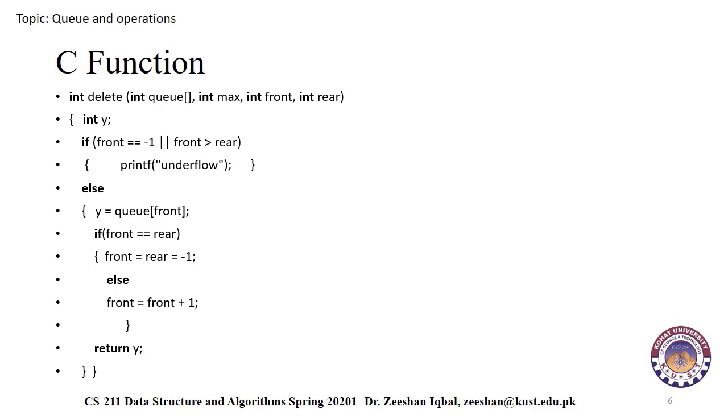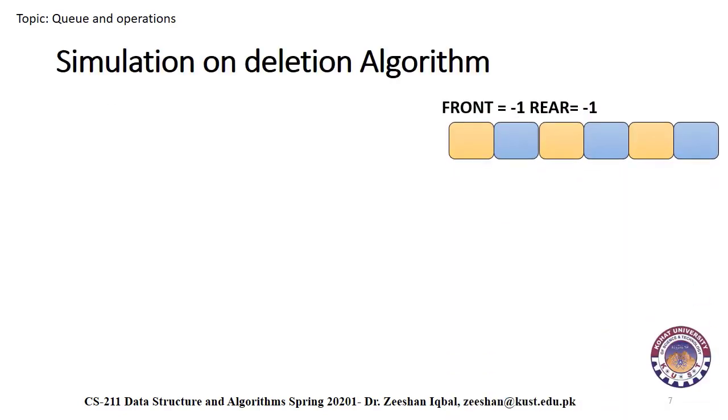If it returns true, then we assign front and rear -1, else we keep on increasing front is equal to front plus 1. In the end, we have to return the y value, which was assigned the queue front value, to the calling function. Now let's simulate the deletion algorithm.